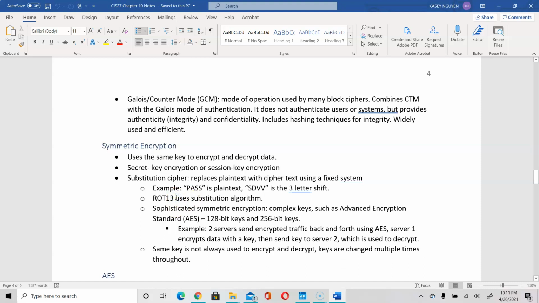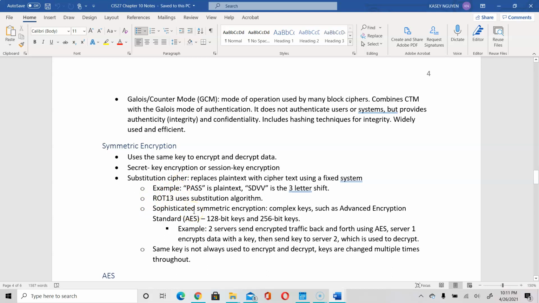Now, ROT13, rotation 13, is a substitution algorithm. This was used for a long time, but it was later replaced by more sophisticated symmetric-based encryption, in that they found flaws with ROT13.